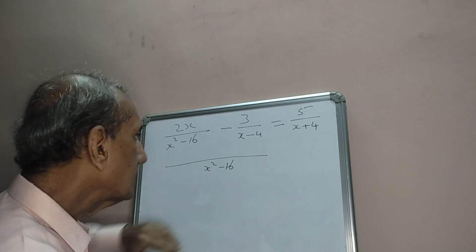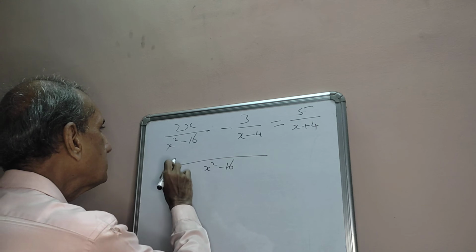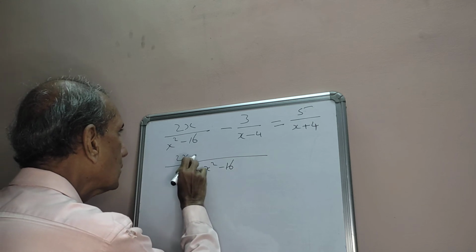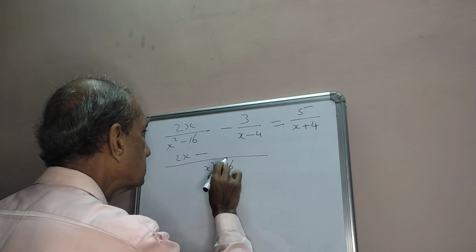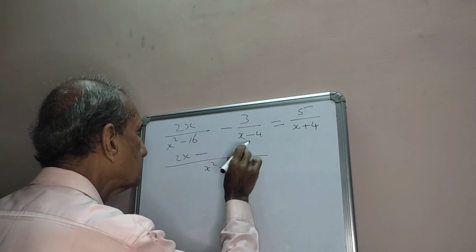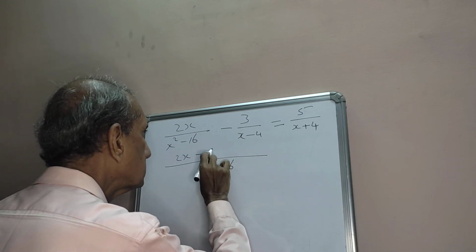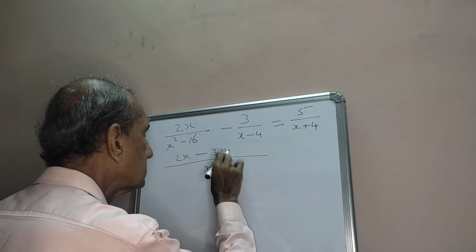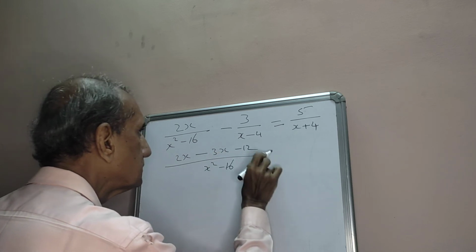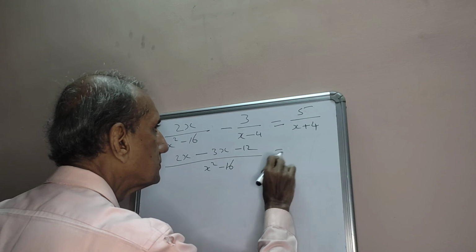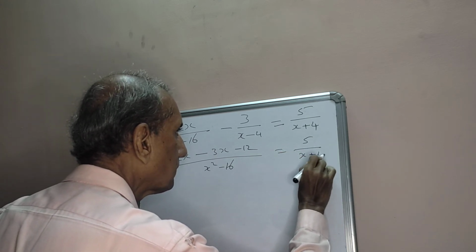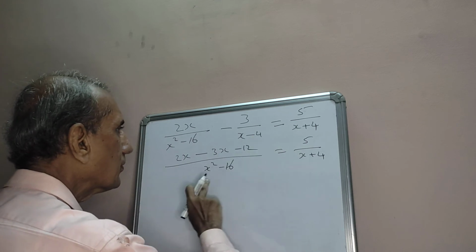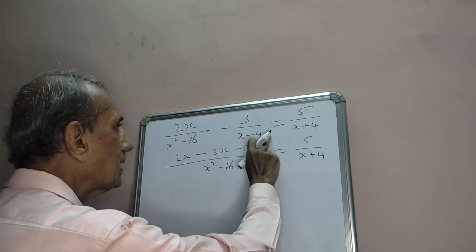Okay, right. So what do I get here? 2x minus, now if I divide x squared minus 16 by x minus 4, I get x plus 4.